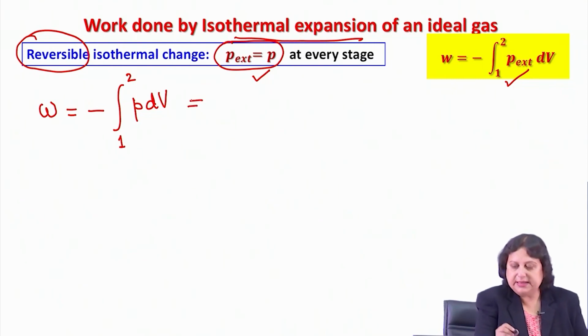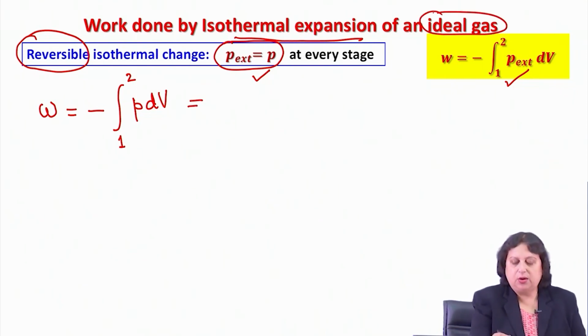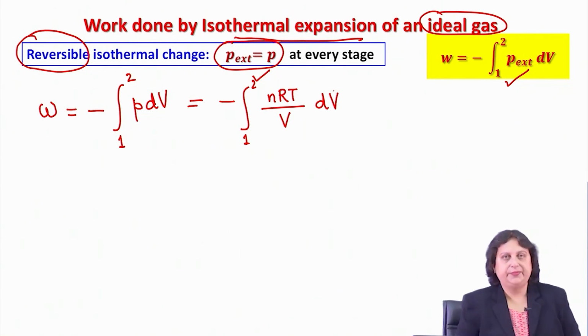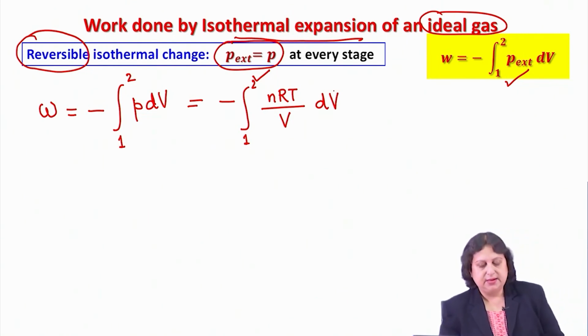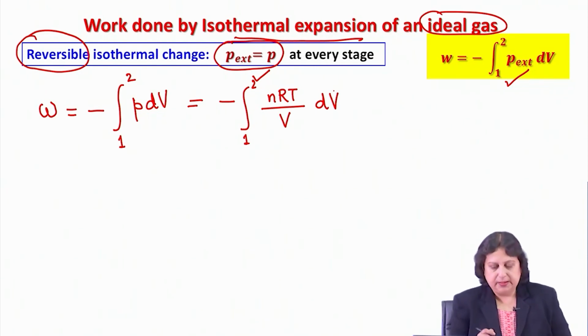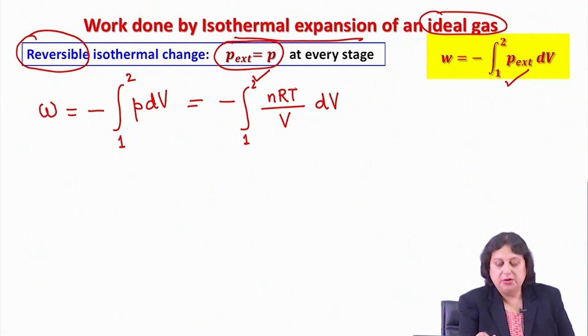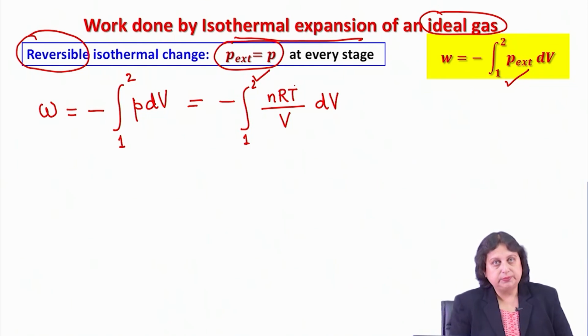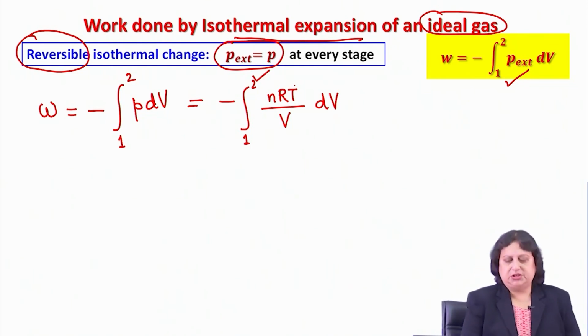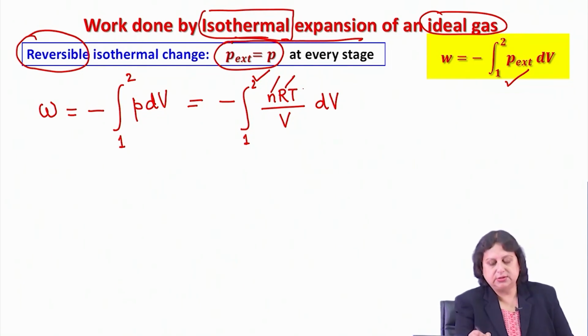Now, since I have an ideal gas, I can always write down the P as nRT by V into dV. Now you see the integrand is a function of volume, and therefore I can carry out this integration provided I know how temperature depends on volume. Under the given condition, I have n constant, R constant, and since it is an isothermal process, T is also constant.